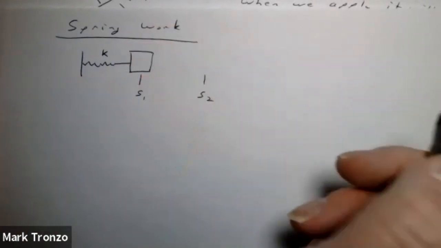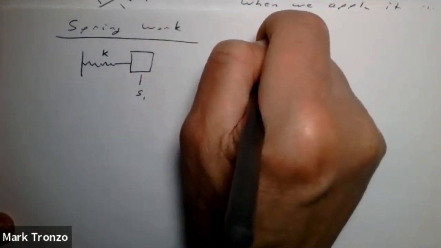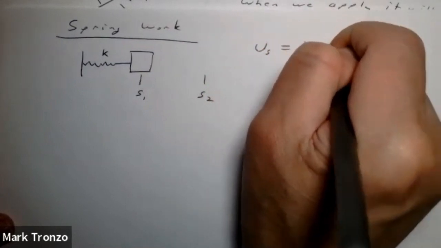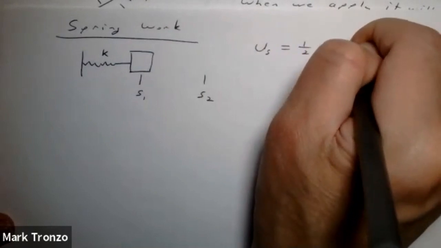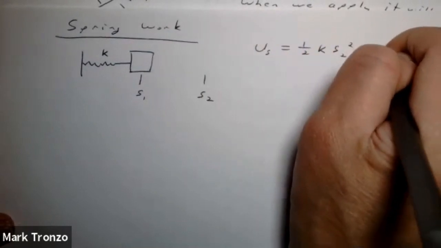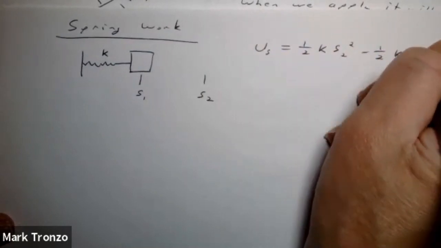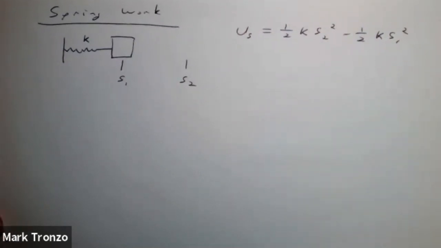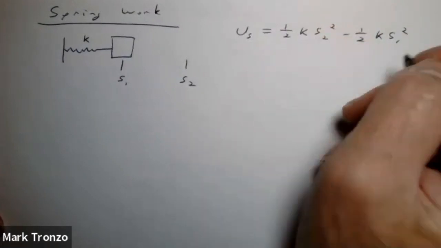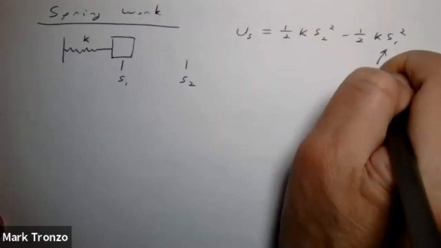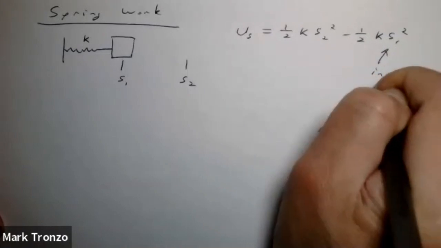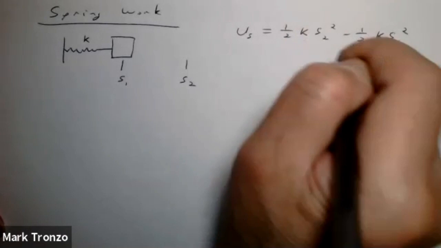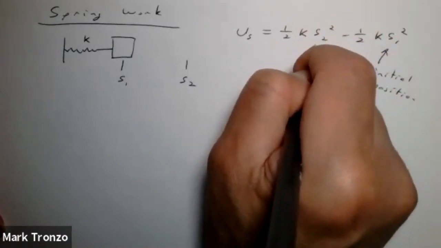Let's say you're pulling or something like that, it's going to be U of S equals 1/2 K S2 squared minus 1/2 K S1 squared. And this is always the initial position, and this is always going to be the final position.